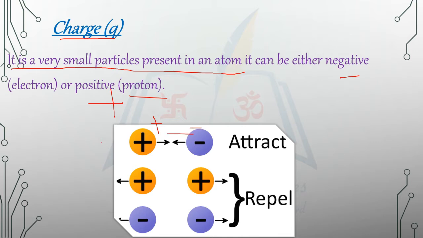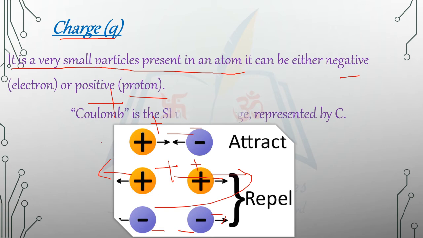Both will attract each other. If this is positive and this is positive, then they will repel, going away from each other. This is also negative and this is also negative. They will also repel. The SI unit of charge is coulomb. It is represented by C.